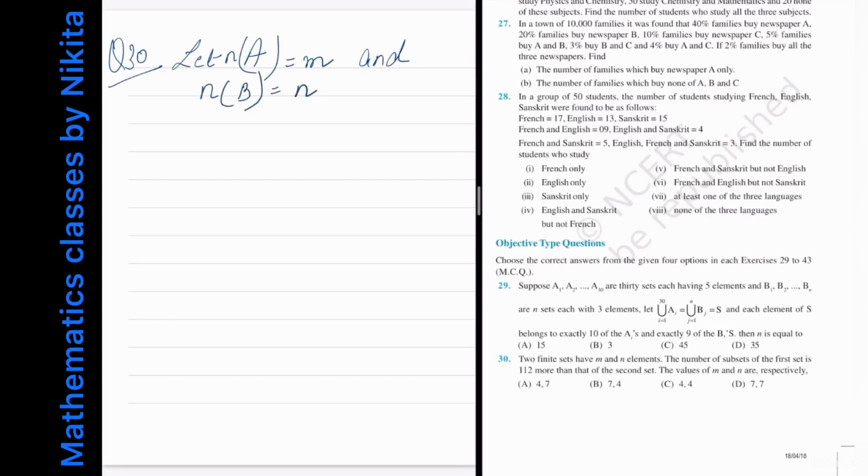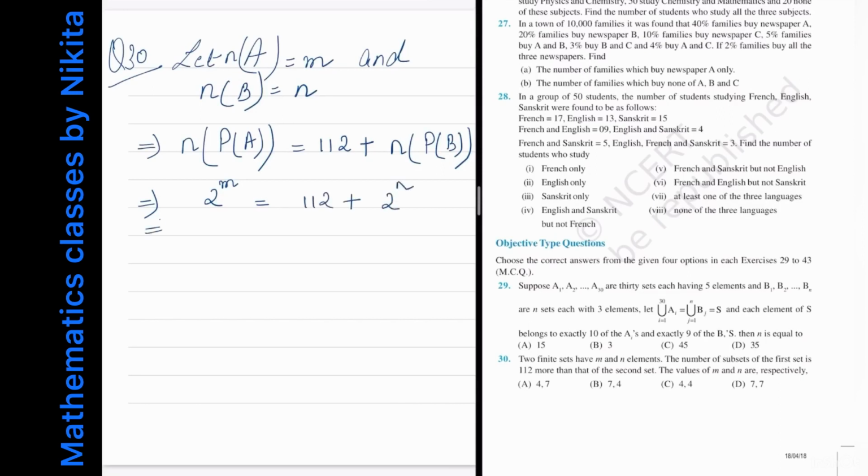Now number of subsets of the first set is 112 more than the second set. This implies the number of subsets of A, that is the cardinality of power set of A, is given to be 112 plus number of subsets of the second set, and this implies 2 to the power m is equal to 112 plus 2 to the power n.